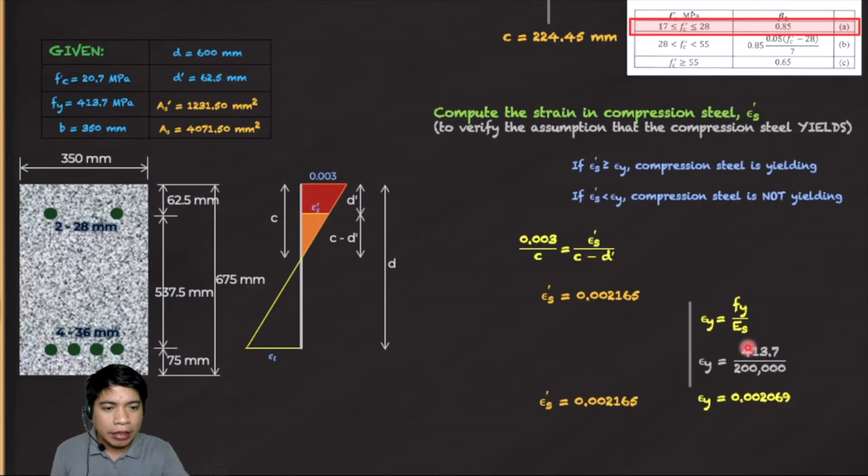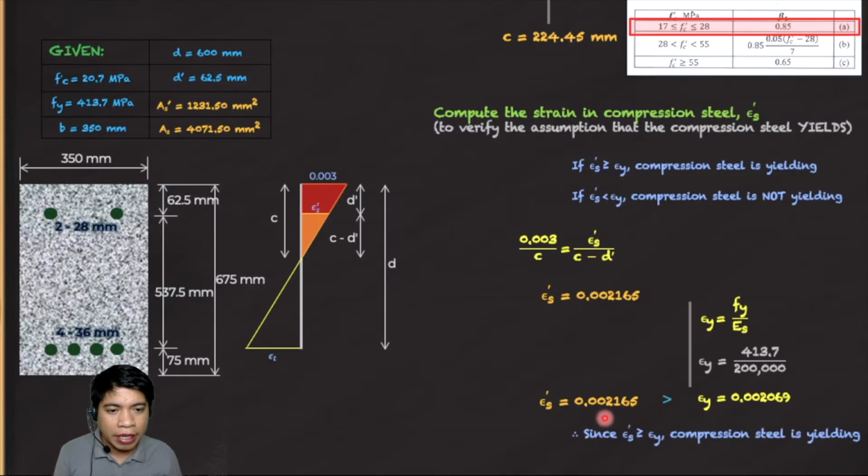So ngayon guys, i-compare natin si compression steel strain sa ating yield strain. Take note that 0.002165 is greater than sa ating yield strain. Tama ba? So ang mangyayari is, it is yielding. Okay, so dahil mas malaki si compression steel strain kesa sa ating yield strain, then ibig sabihin nun that the compression steel is yielding.